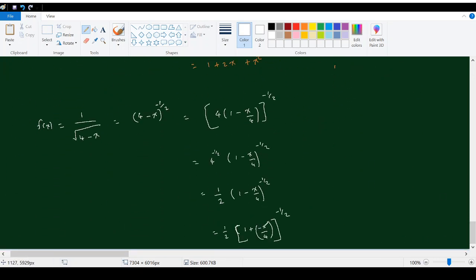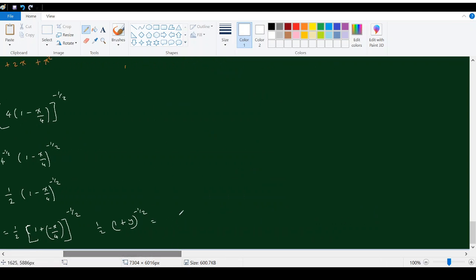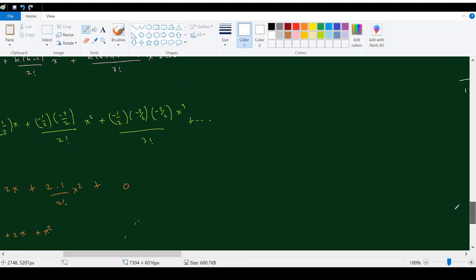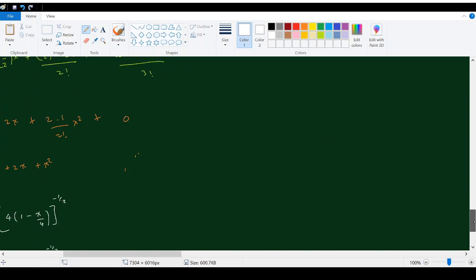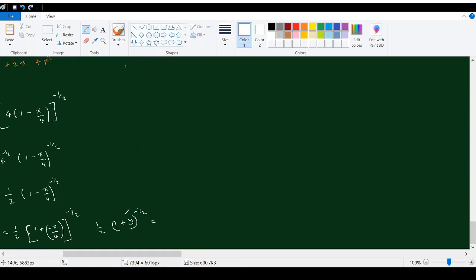So we can just consider this portion as (1 plus y) to the power negative half. So the binomial expansion will be very similar, but instead of this x, you will get the required y term. I mean whatever the term you have on the right hand side, which is separated by this negative sign.